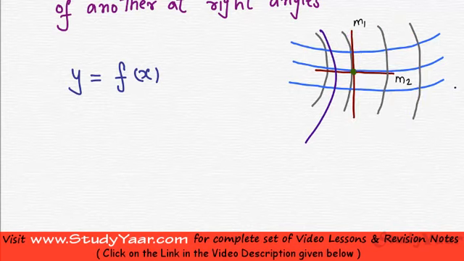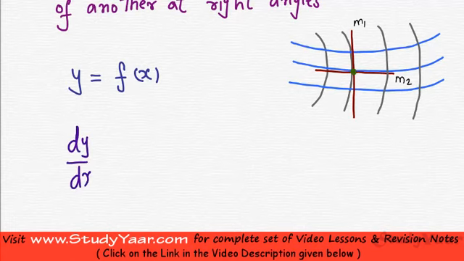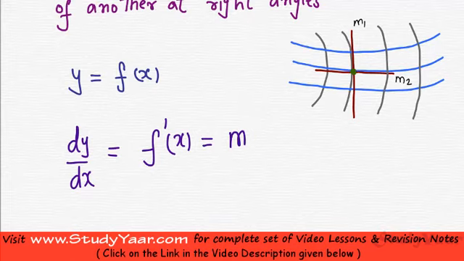Now, can I find the slope of this tangent? I can, because the slope of the tangent is equal to dy by dx. Therefore dy by dx equals f dash x, which is the slope of this tangent, let's say m1.